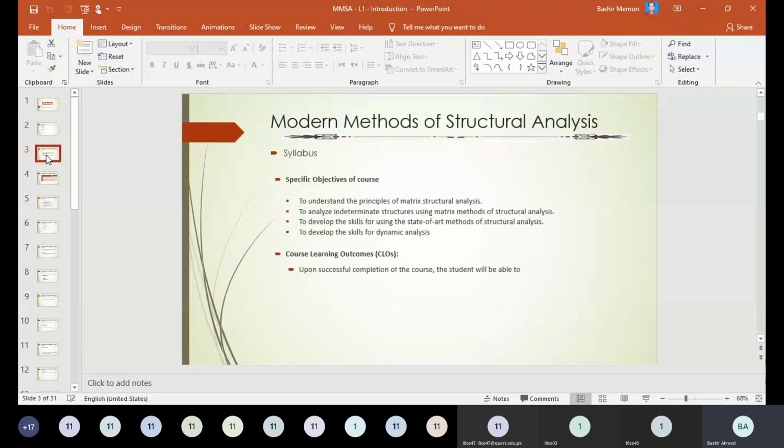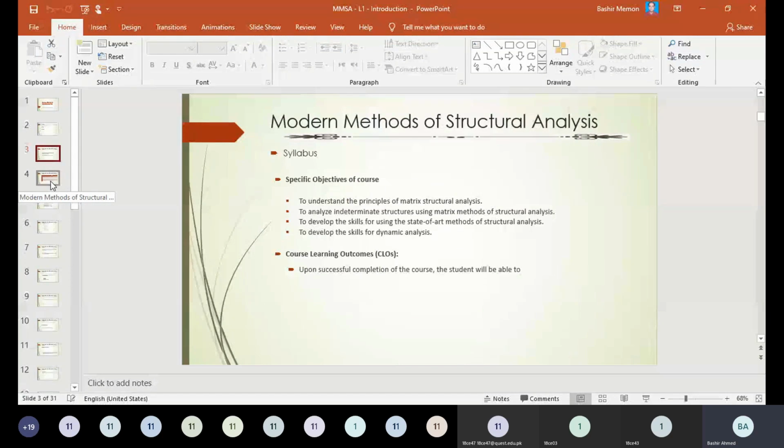In the following 2 or 3 slides, you will see the syllabus of the subject. The separate file for the subject syllabus is also uploaded in the course material section. You can download the syllabus, CLOs, PLOs, and all other related things from there.